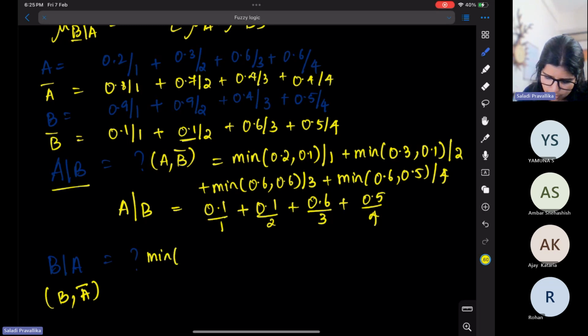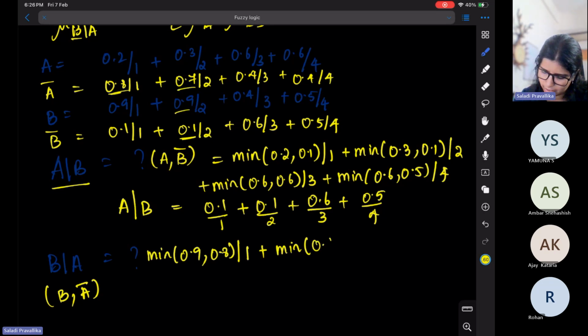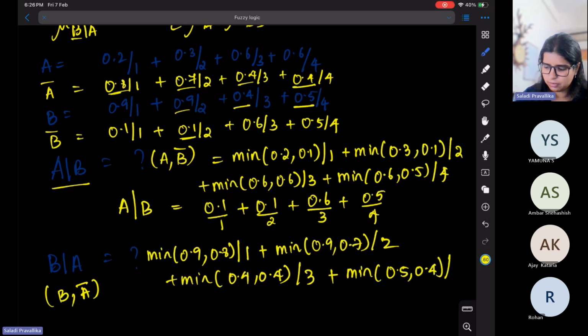For x equal to 1, it's 0.9 and for A bar it is 0.8, plus minimum for x equal to 2 between B and A bar, these two, right? 0.9 and 0.7, plus minimum of 0.4 and 0.4 for x equal to 3, and minimum of 0.5 and 0.4 for x equal to 4.